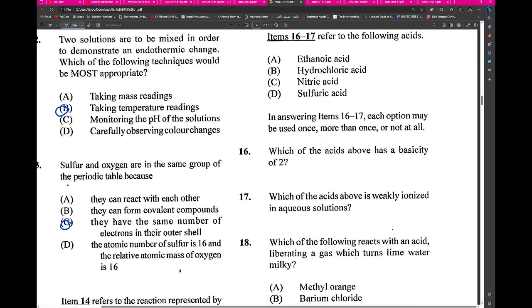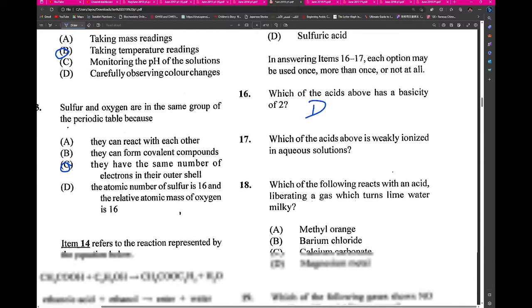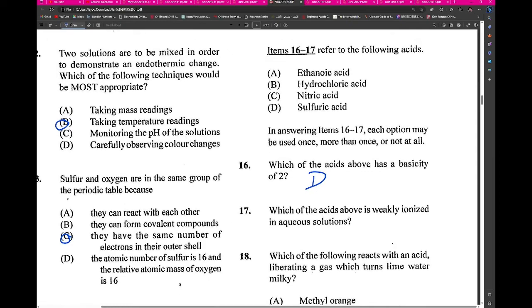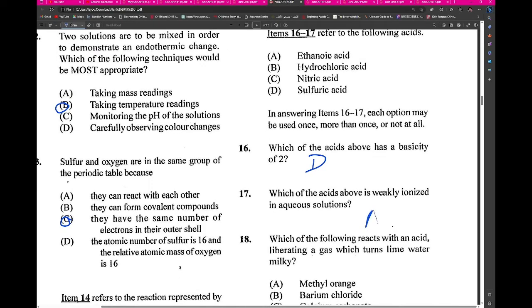If it has a basicity of 2, I think it would be acidity of 2 actually. So which one of them would be the stronger acids? So we might go with sulfuric acid. That's a better answer. Which of the following acids above is weakly ionized in aqueous solution? That would be ethanoic acid.